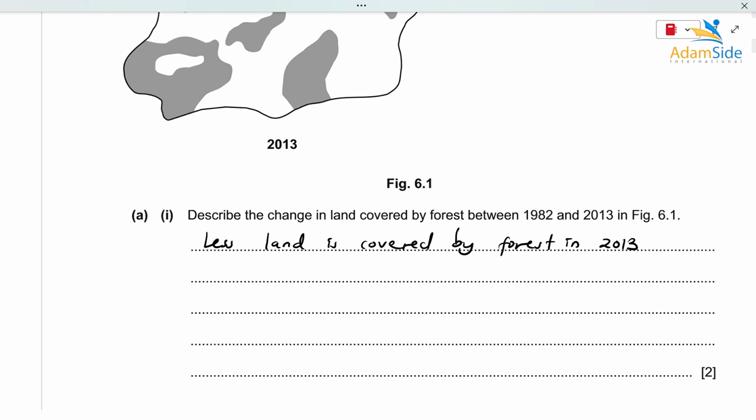Compared to 1982, all right? So if that is the case, we can say that more forest has been cleared, so the land is just bare. It means we have fragmented forests, or a broken forest.